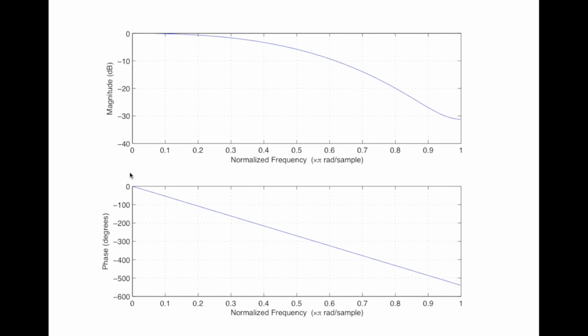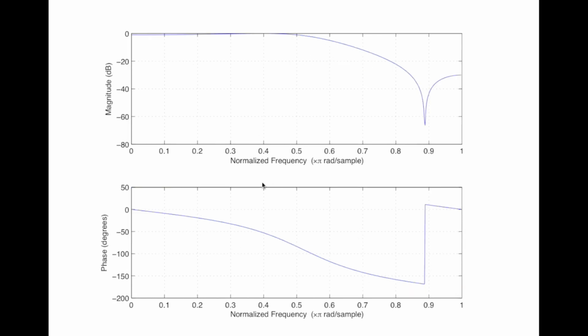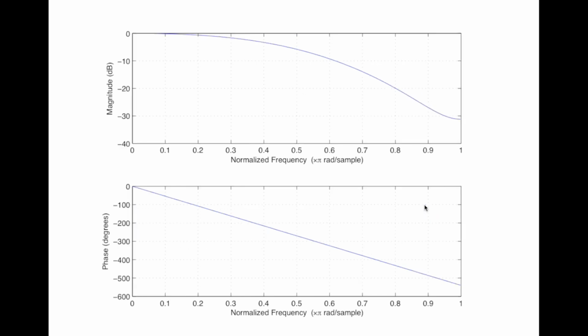And if we look at our linear phase filter, we can see that it's basically a straight line that goes from low frequencies, which are changed by a little amount, up to high frequencies. That's different than the nonlinear phase one, where it had these curvy shapes, and even this discontinuity up here. So here's our linear phase one.